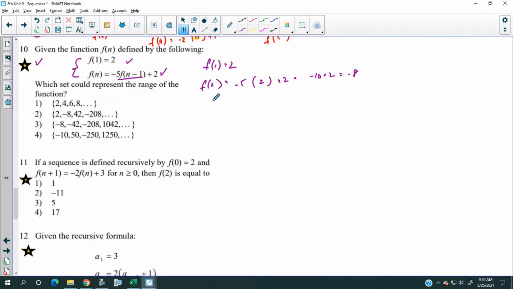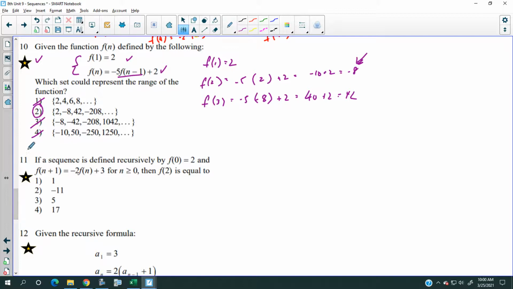And once you see this, you're basically left with 2 and 3. So the third term is negative 5 times the term before that, negative 8, plus 2. That's positive 40 plus 2, that's 42, and there you go. Okay, that's how you do that.